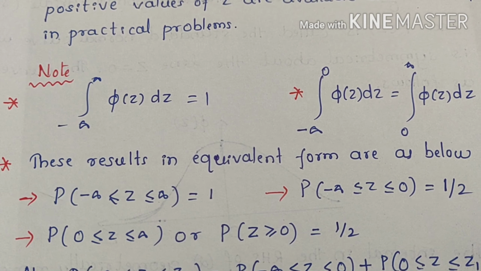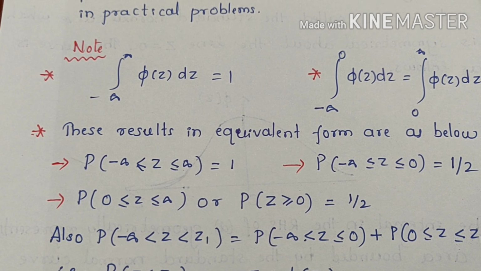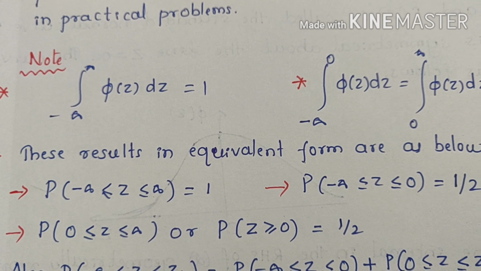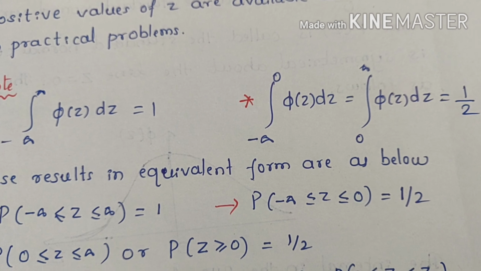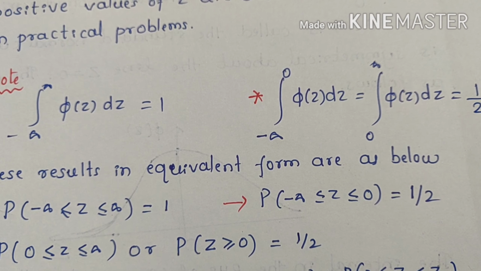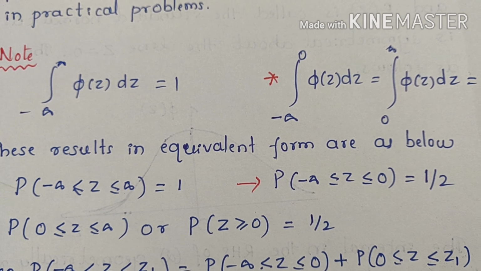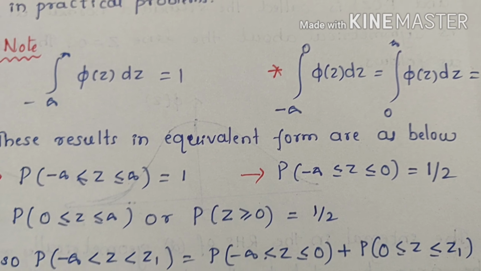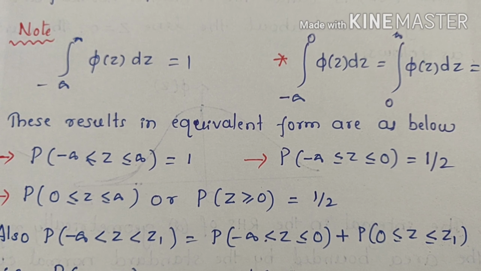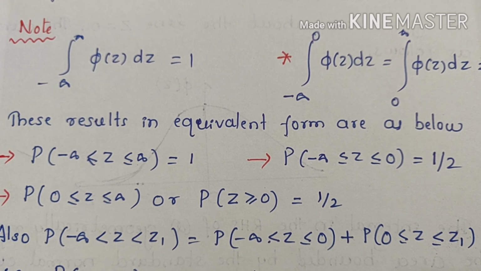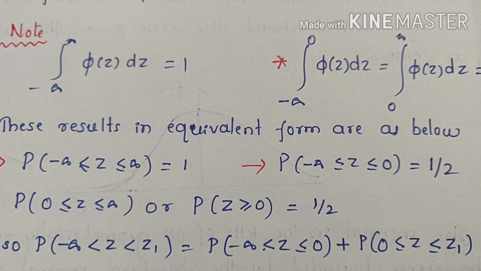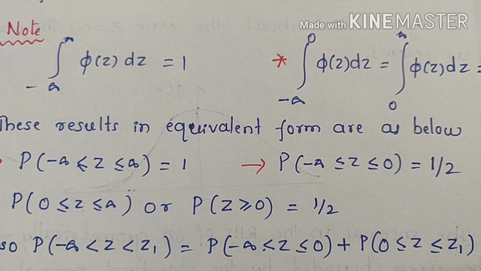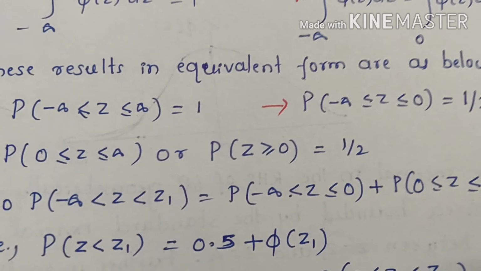These results can be written equivalently: the probability of z between minus infinity and plus infinity is 1, the probability of z from minus infinity to 0 is 1/2, and from 0 to plus infinity is also 1/2, that is, P(z greater than or equal to 0). Also, the probability of z between minus infinity and z1 can be written as the sum of two probabilities, between minus infinity and 0, and 0 and z1.